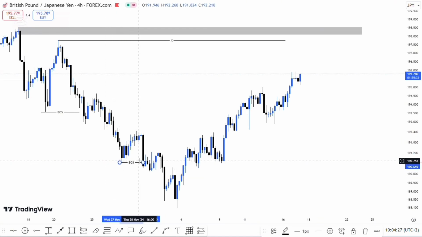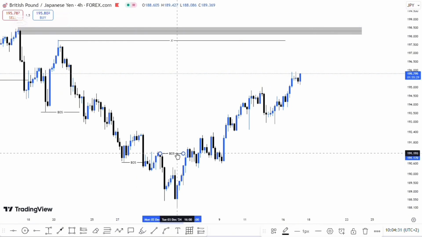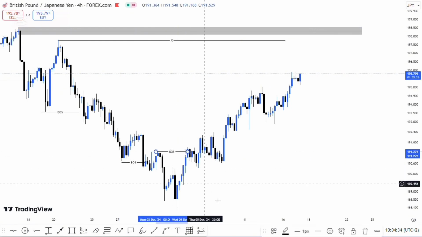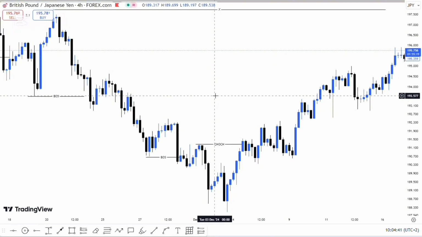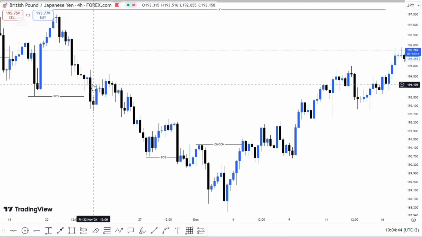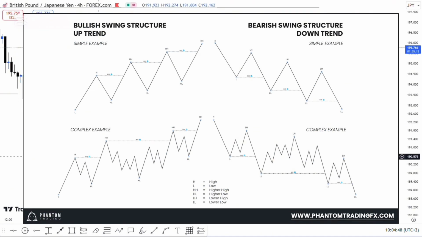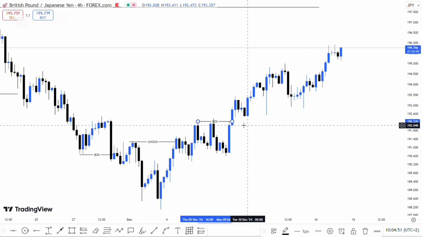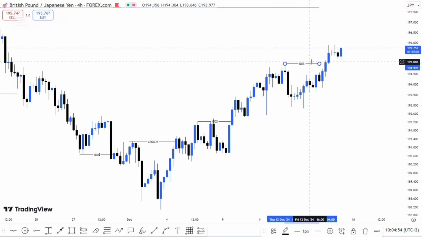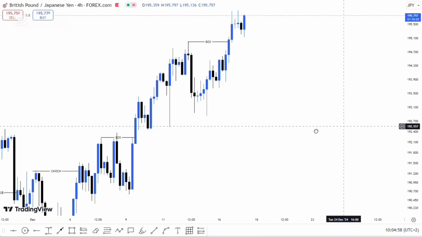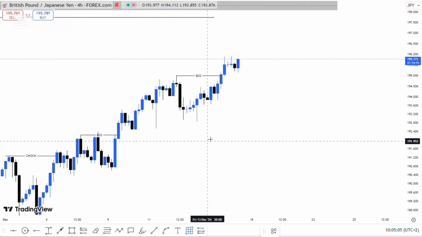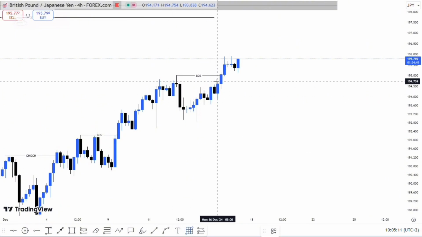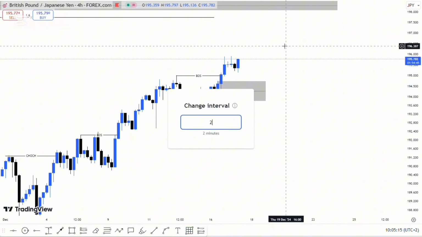But let's focus. We want to keep on buying price, and looking at this, the order block we have is this order block right here.